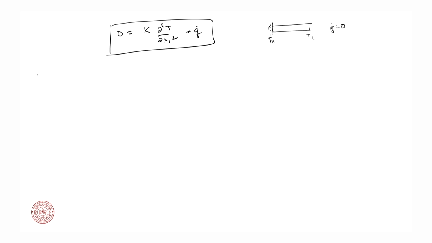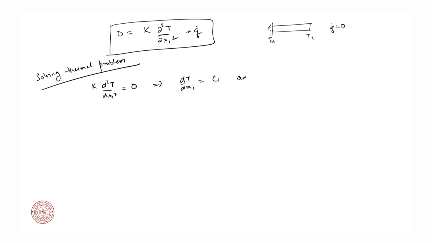So, solving the thermal problem, we will have K d square T by dx1 square equals 0, which gives dT by dx equals C1 and T is equal to C1x plus C2.